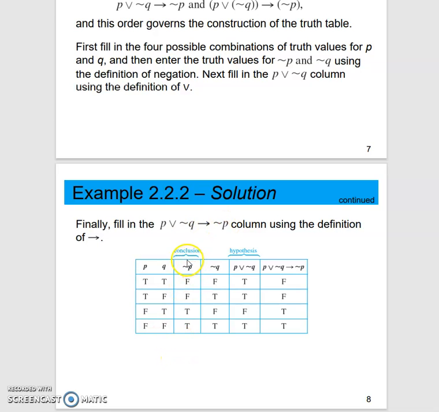And you'll notice here I've got the conclusion at the beginning, just because not P is easy. And here is the hypothesis part, P or not Q. And last but not least, I'm going to put the hypothesis implies the conclusion. And here is the result I would get from that.